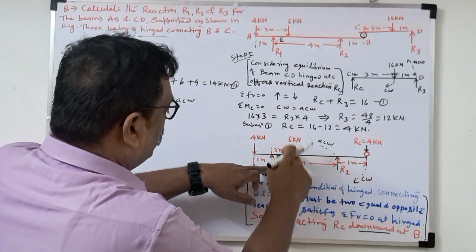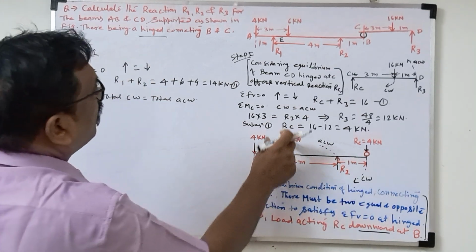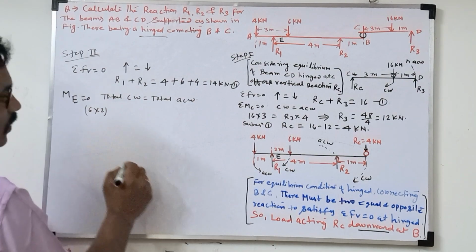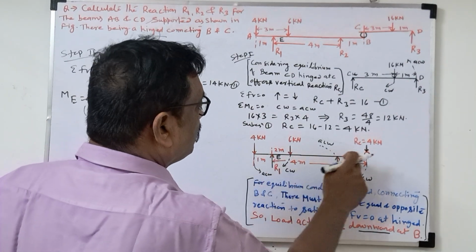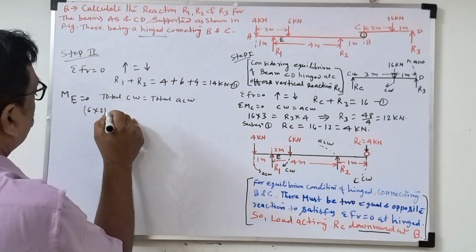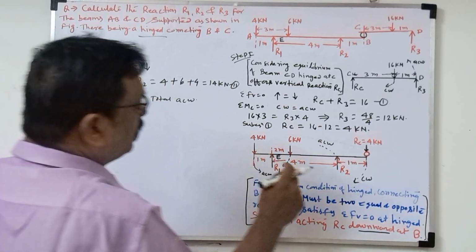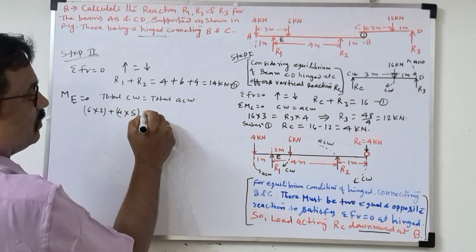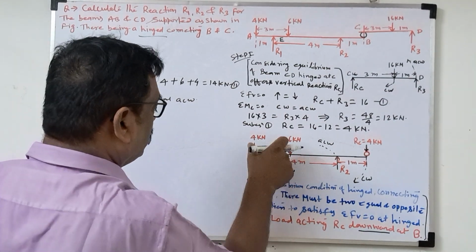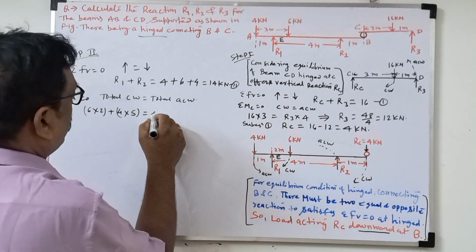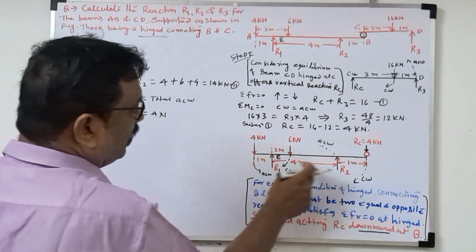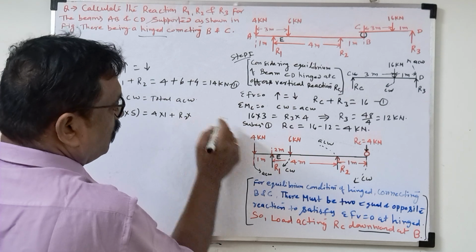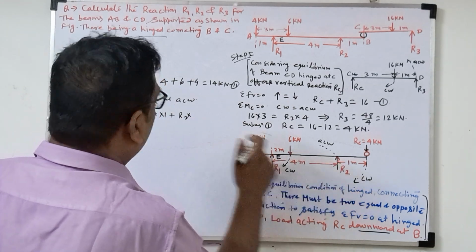So what is clockwise? 6 into the total distance 2. So 6 into 2 is one clockwise rotation. Then the next clockwise will be 4 into the total distance, 4 plus 1, 5. This is equal to the anti-clockwise: 4 into 1, plus R2 into the total distance R1 to R2, which is 4.